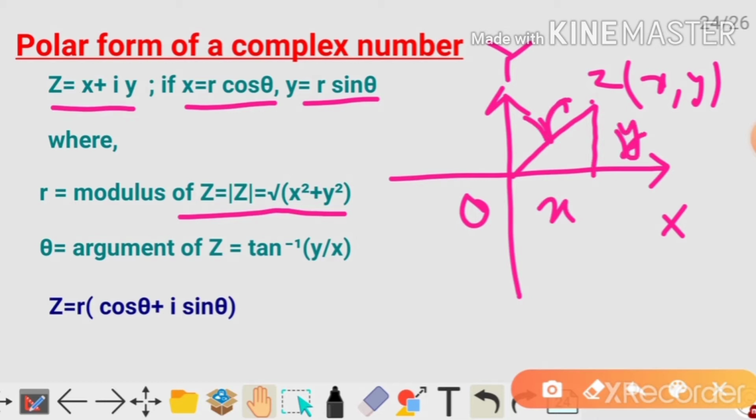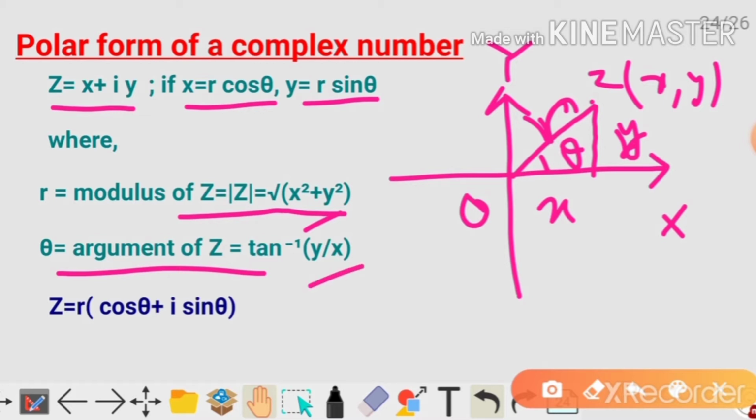As r is the hypotenuse of this right angle triangle, r will be root over of x square plus y square. Similarly, theta or the argument of z is the angle between OZ and OX. This is theta, so theta will be tan inverse of y by x.